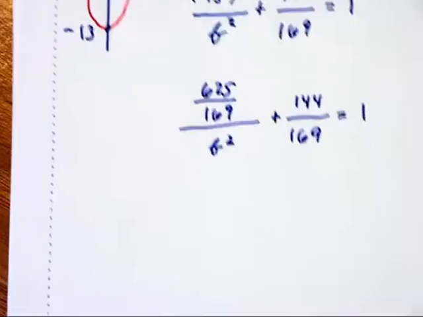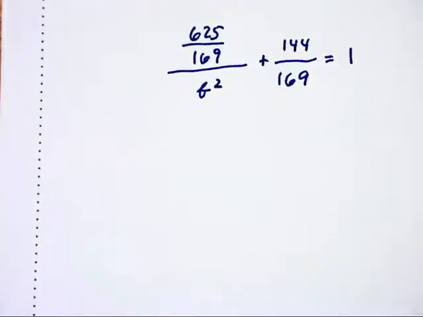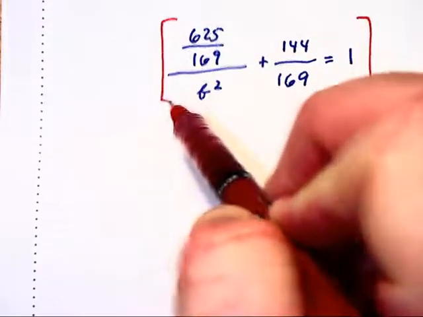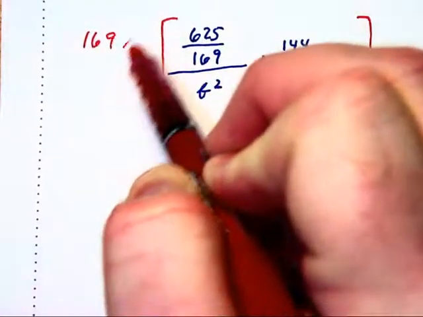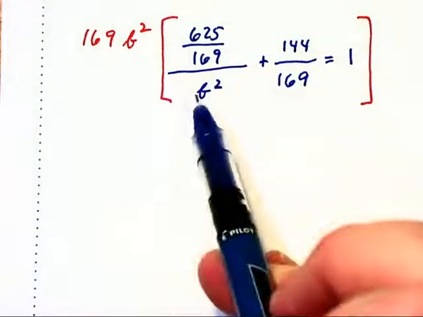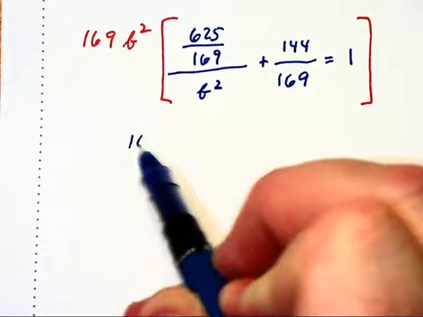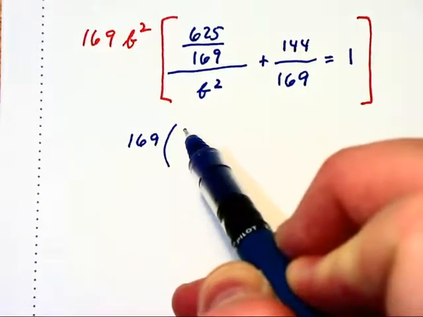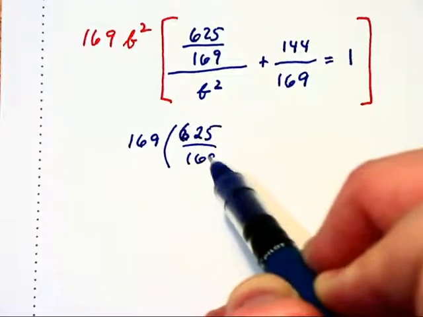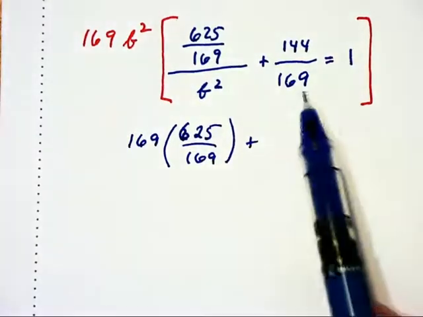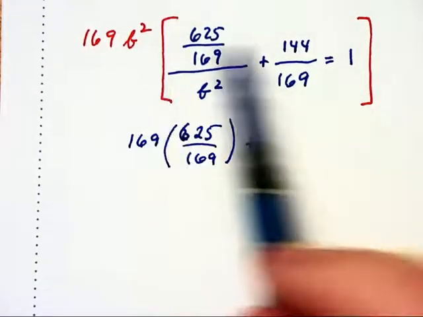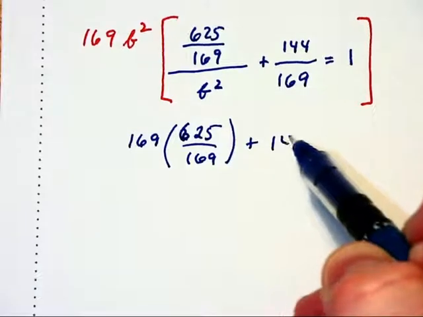Now we can solve this equation in a variety of ways, but I'm going to choose to multiply through by the least common denominator, which is 169b squared. On the left, the b squareds cancel, and we have 169 times the fraction 625 over 169. In the second fraction, the 169's cancel, leaving b squared times the 144.